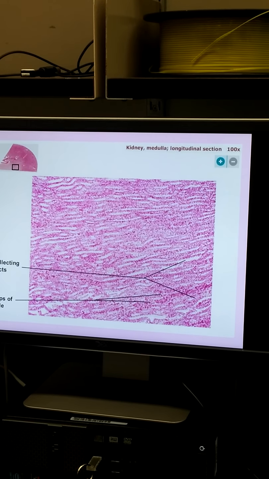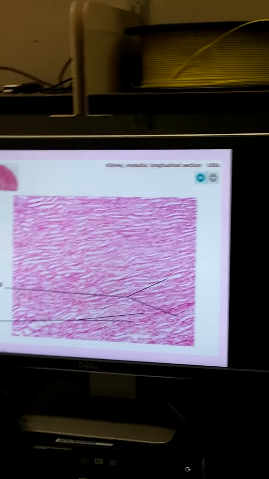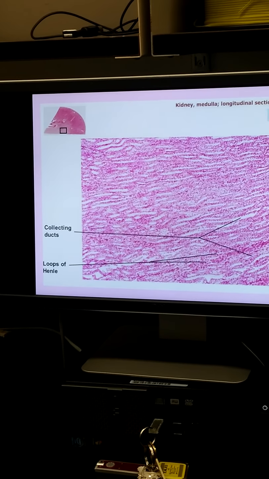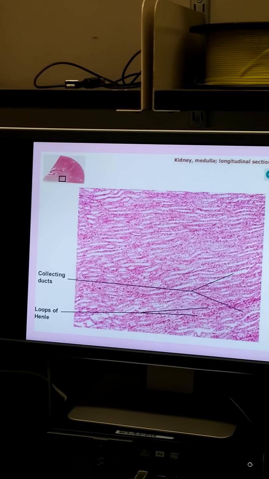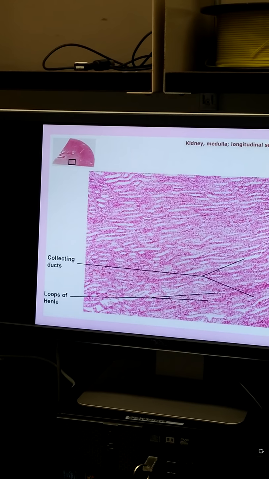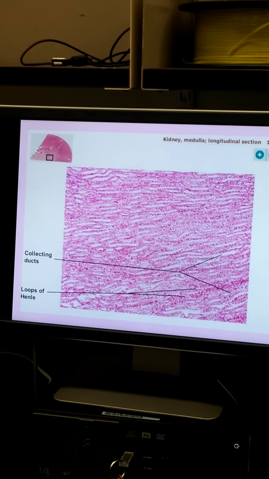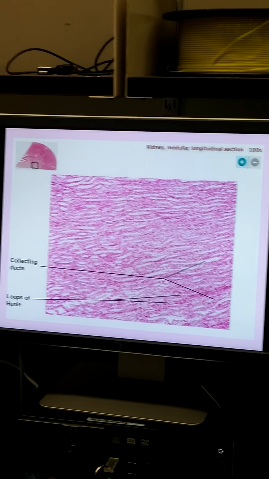So there are capillaries around the loops of Henle. And what are they called? What are the capillaries around loops of Henle called?